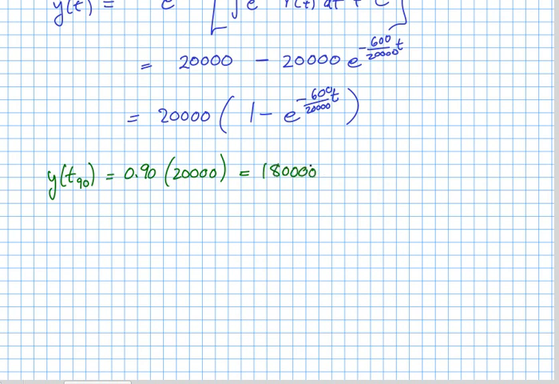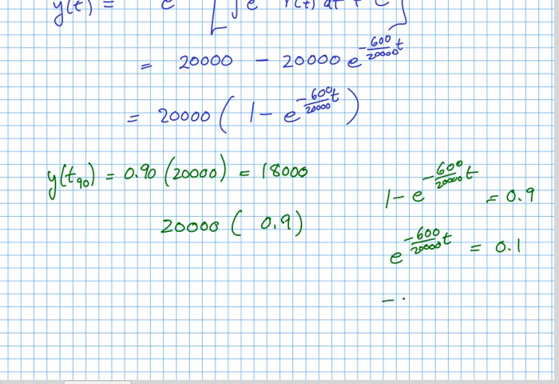But you didn't need to actually do any of that, because it's sufficient to say that 20,000 times 1 minus e to the minus 600 over 20,000 t equals 20,000 times 0.9, that means e to the minus 600 over 20,000 t is going to be equal to 0.1.